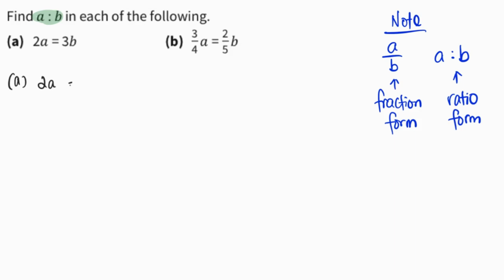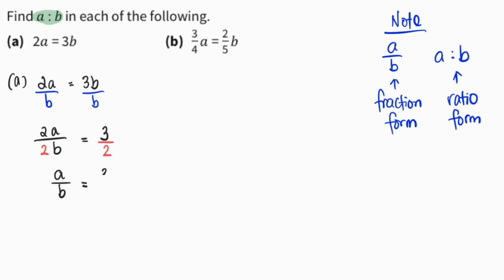starting with 2a equals to 3b, you will realize what Mr. Tan will do. I'm going to divide by b on both sides so that I will get 2a over b equals to 3. b divided by b equals to 1. I will also now divide by 2 on both sides so that I'm left with a over b here.